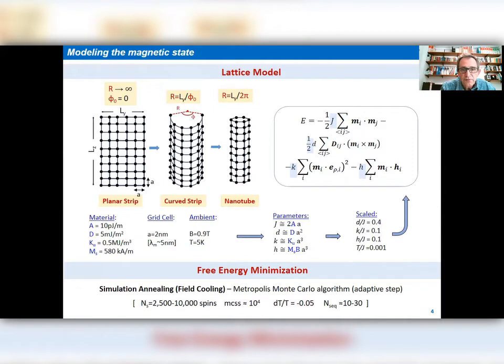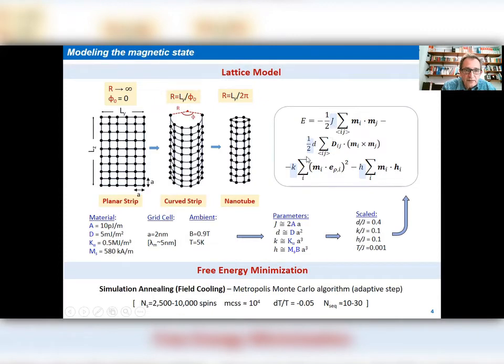On this lattice, we define a Hamiltonian, or a total energy, that is composed of four terms: the symmetric exchange interaction term, the antisymmetric one, which is the Dzyaloshinskii-Moriya, a radial anisotropy term, and the Zeeman term that comes from the externally applied field.